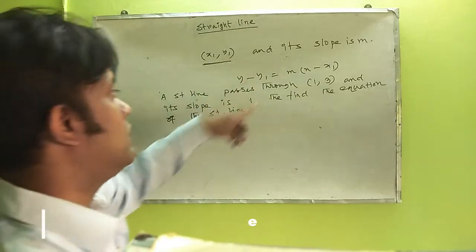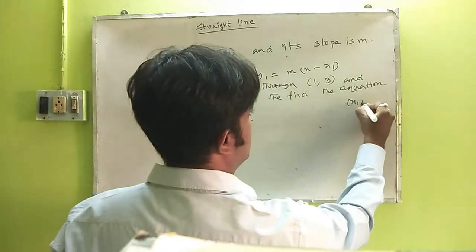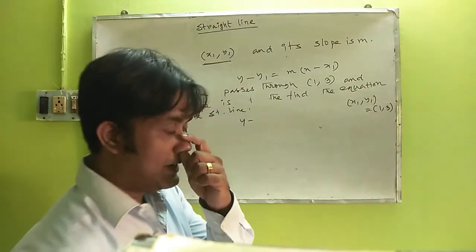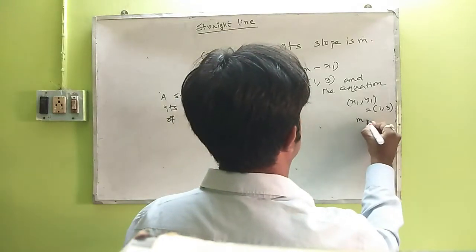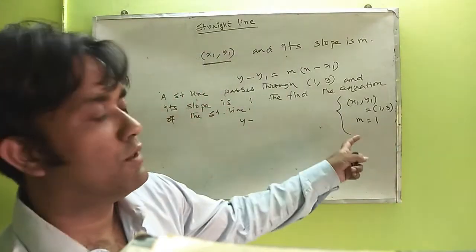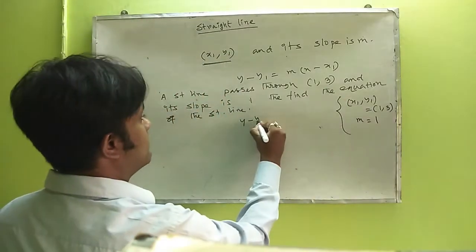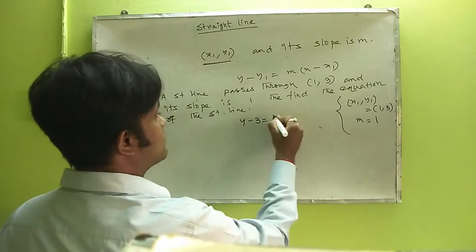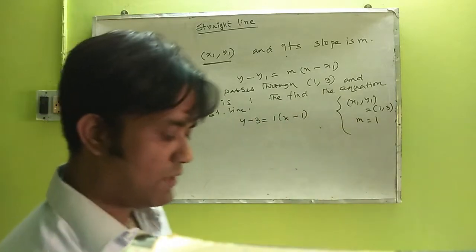So apply this formula. Here x1, y1 is equal to 1, 3 and m is equal to 1. This information is given. So y minus y1, y1 here is 3, m is 1 and x minus x1, x1 is 1. This is the equation of straight line.